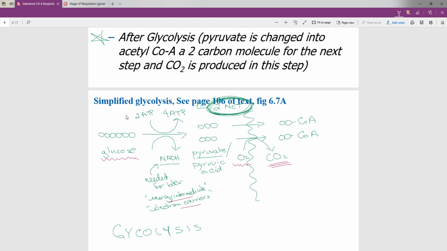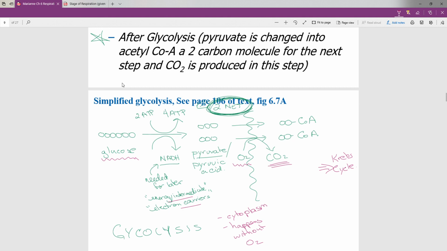The process of glycolysis happens in the cytoplasm, and up until that line, it can happen without oxygen. This process of making acetyl-CoA is really just getting ready for the next process, the Krebs cycle, or the citric acid cycle.